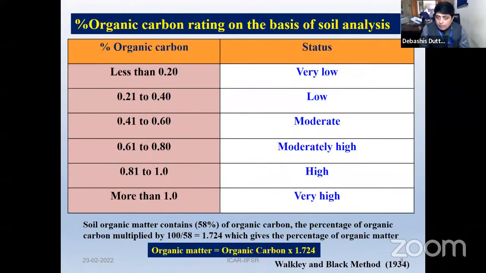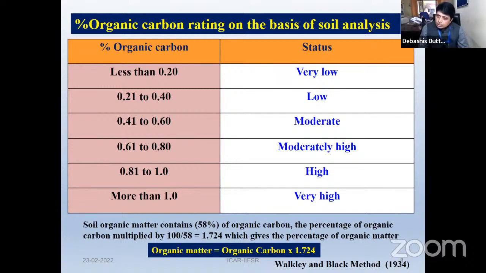Another important parameter in soils under organic farming systems is organic carbon. On one hand, we are promoting organic farming to get healthy food for people. On the other hand, organic farming also increases the carbon content in the soils through carbon sequestration, by which we can reduce the effect of climate change.